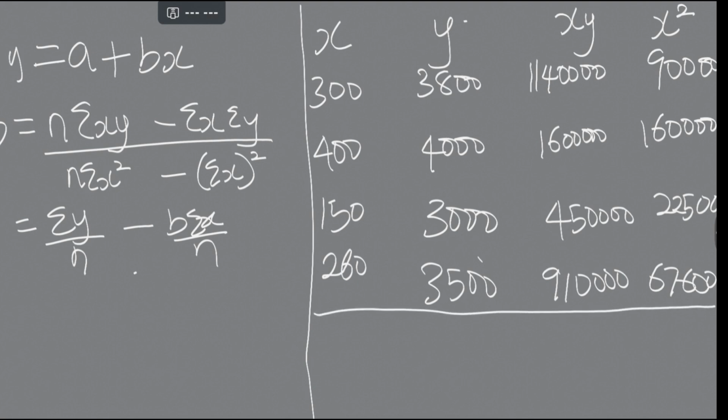The total for x squared is 340,100. That's the total for x squared. 1,640,000 for xy. For y, 14,300, and for x it is 1,110.